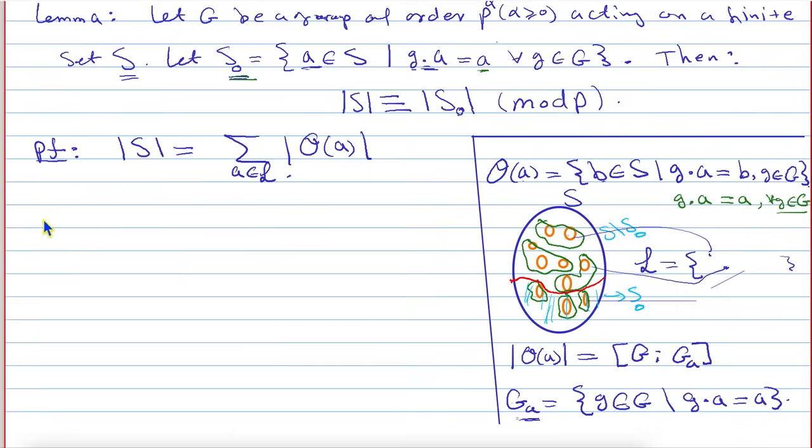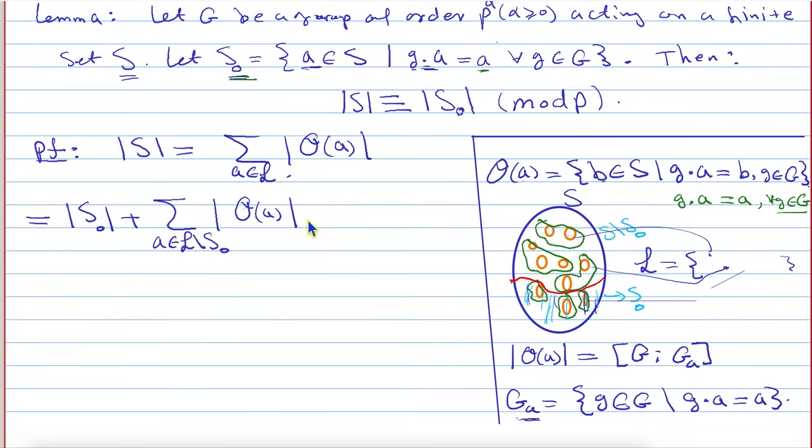Again, this can be rewritten as the size of S naught, plus the size of the orbits in S naught, plus the size of the orbits outside S naught. So here A belongs to L minus S naught.